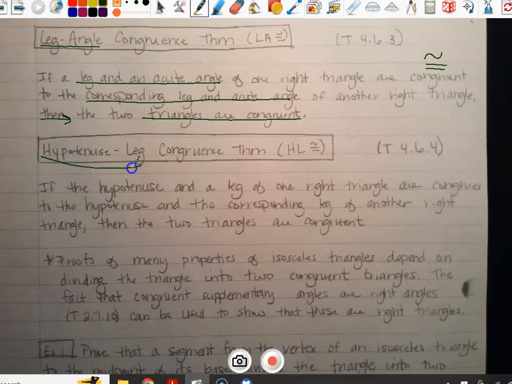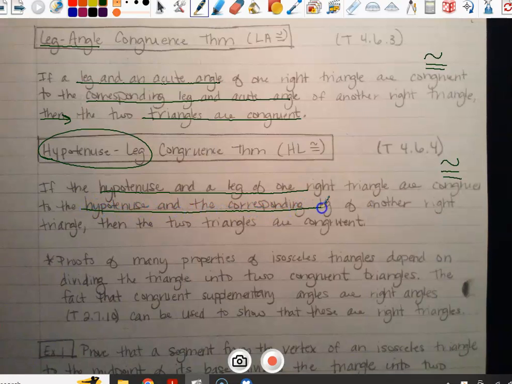And hypotenuse leg congruence: if the hypotenuse and the leg of one right triangle are congruent to the hypotenuse and corresponding leg of another right triangle, then the two triangles are congruent.